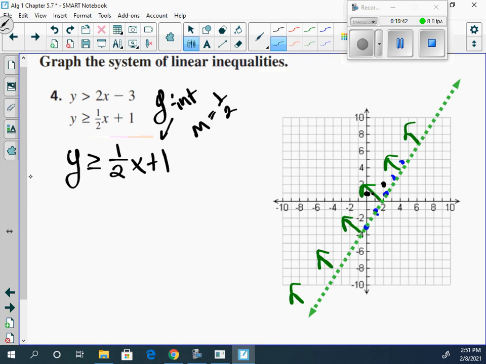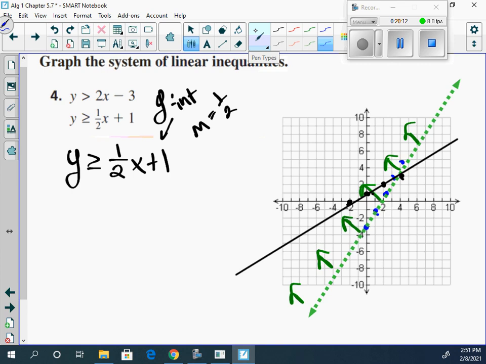So we can go in either one of these two. So we could also go down 1, right 2, up 1. Now this line here will be solid. I missed it. There we go.